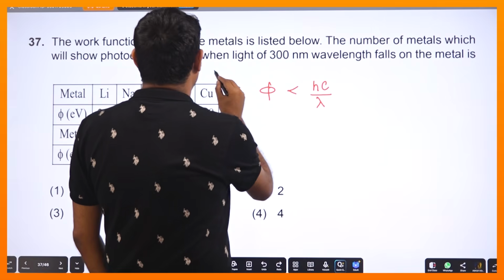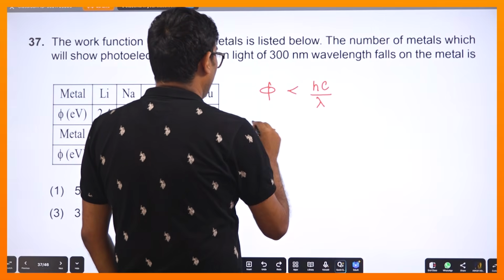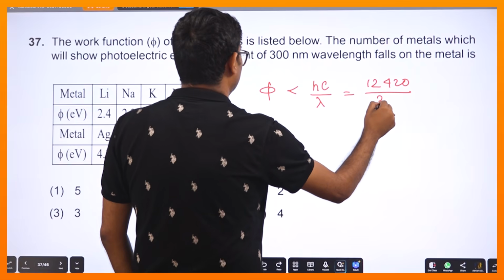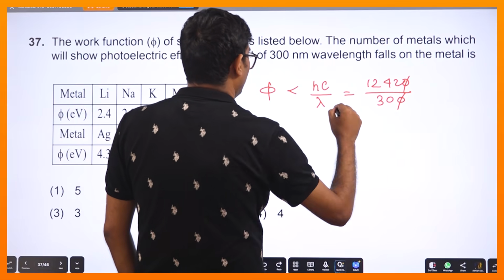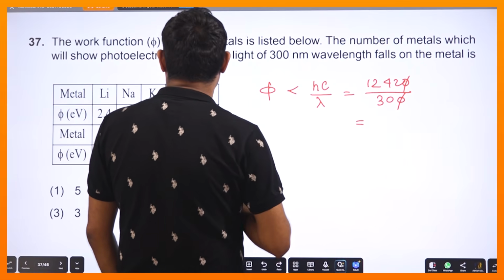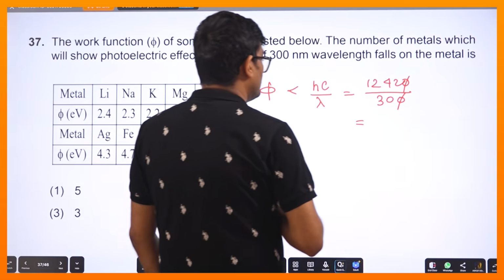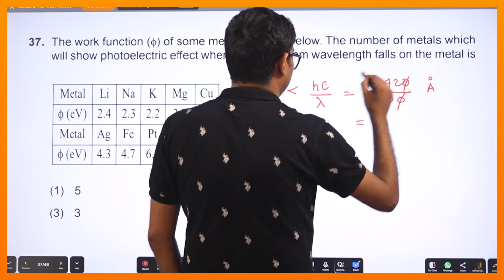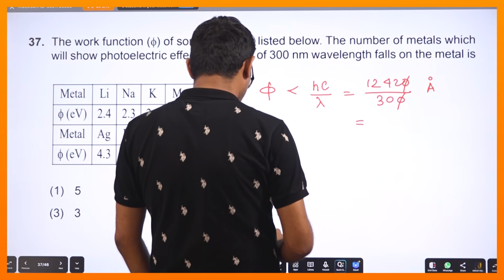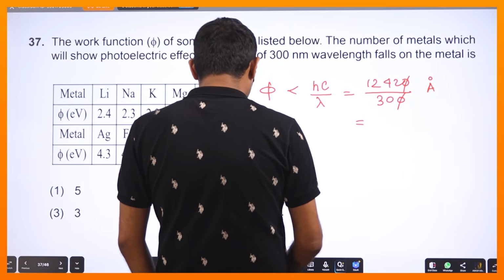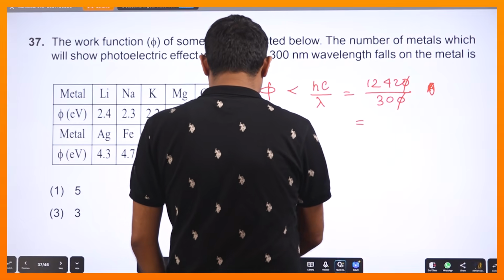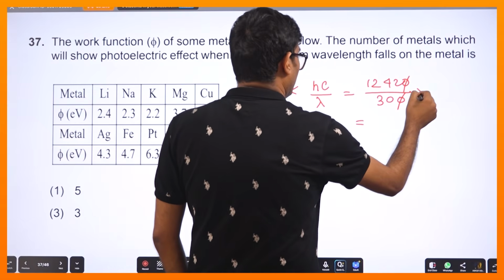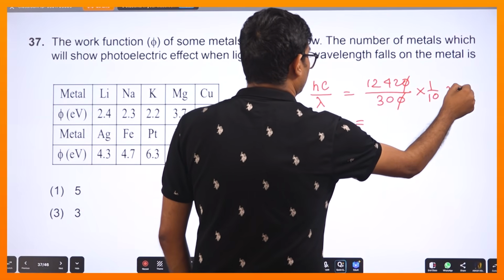Now these are given. hc by lambda, I think it is 12420 divided by 300, right, in Angstrom. I have to convert it into nanometer, so I have to divide it by another 10.